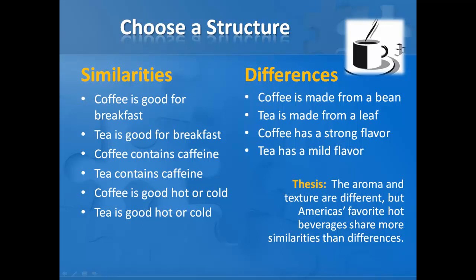See that there are more similarities than there are differences. Here's a potential thesis: the aroma and texture are different, but America's favorite hot beverages share more similarities than differences. For this thesis statement, you're going to focus on the similarities, right?